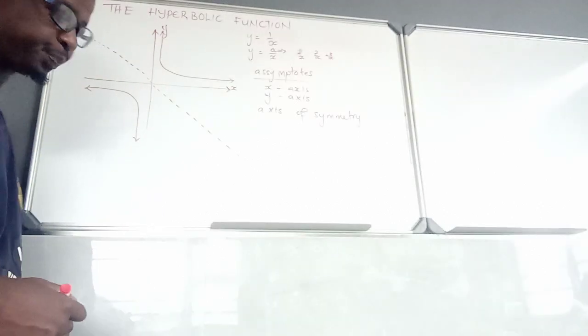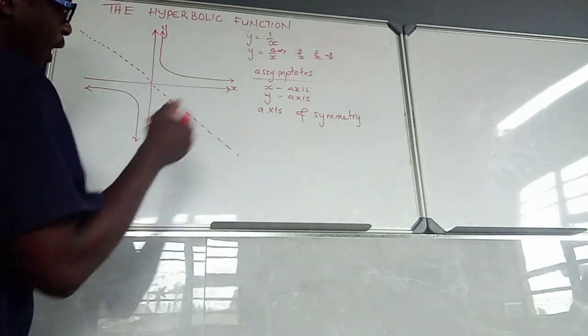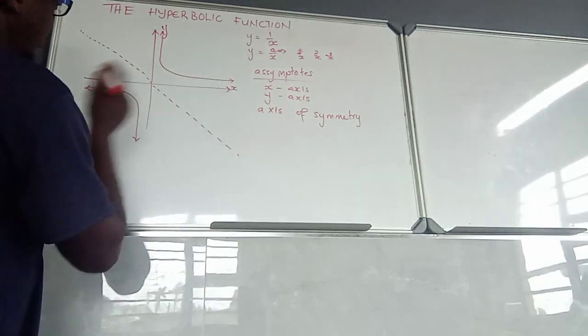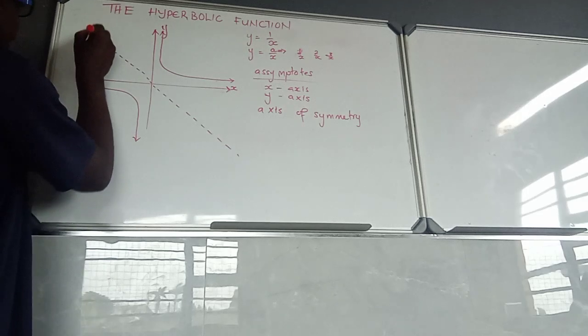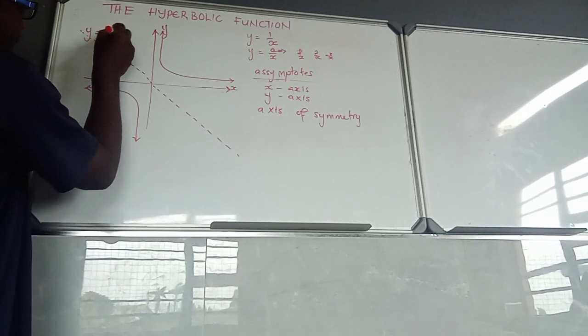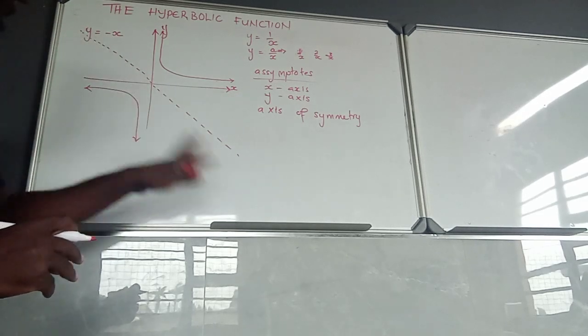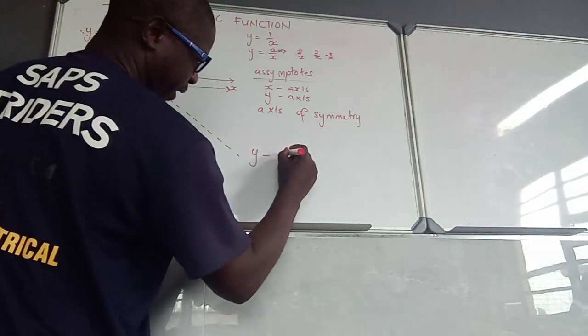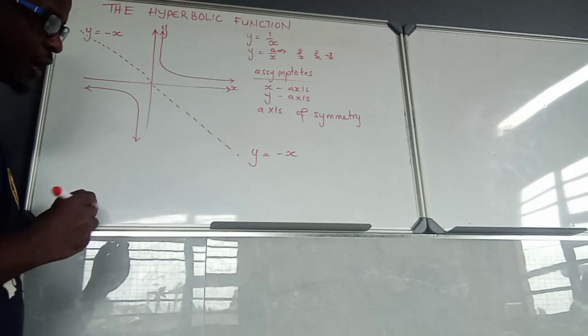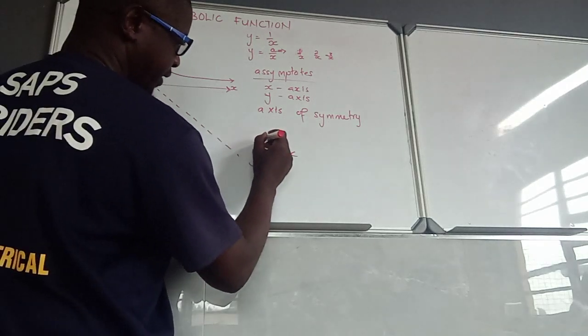I can also draw another line. Before I go to another line, let's give a name to this one. This line is y is equal to negative x, or y is equal to minus x. So the line y is equal to minus x is our axis of symmetry.